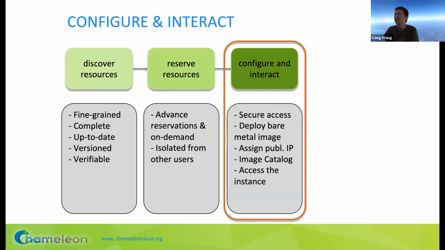And you can assign a public IP to the node, so you can access the node from anywhere in the world. And you can browse the image catalog to see the existing images that you can use for the nodes. And also you can get access to the instance.